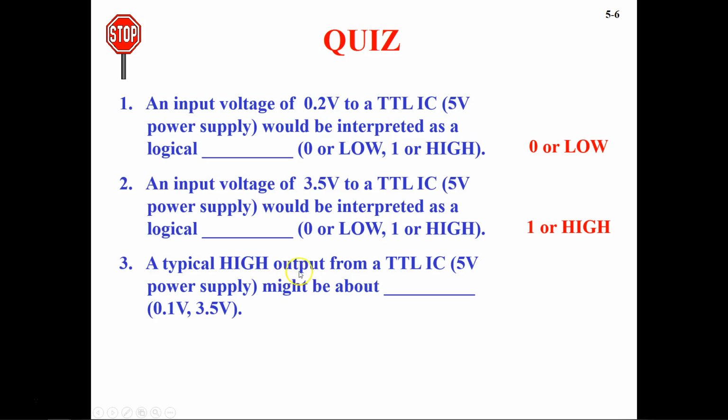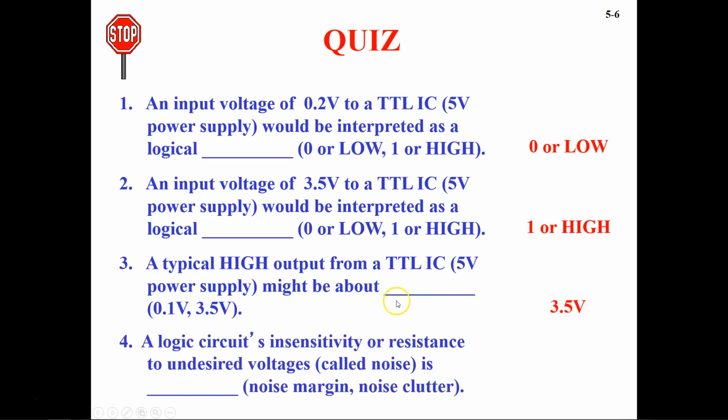Here it is talking about the output voltage range, and in that too, the high output voltage range. So a typical high output for a TTL IC might be about, your answer would be 3.5. These two options are given. This is going to be the low. So among these two we have 3.5. It's going to be logic high.